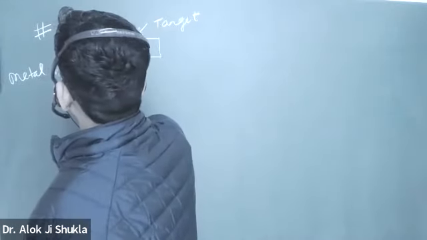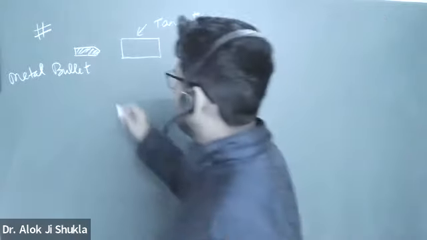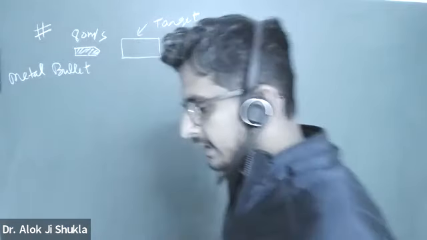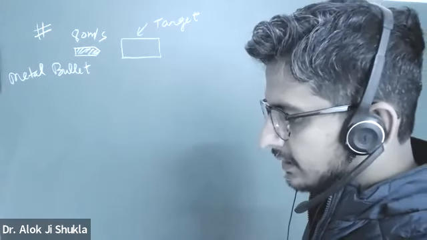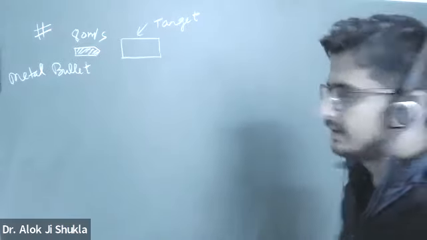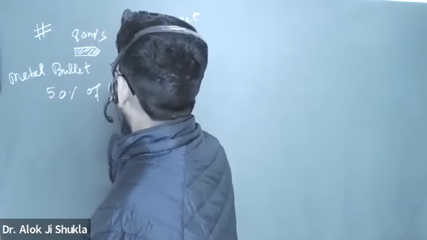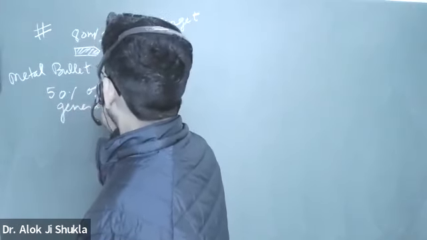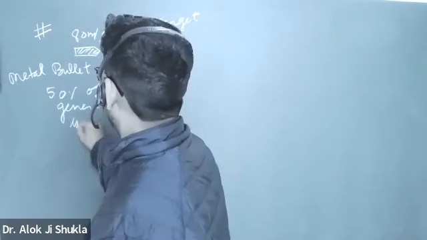The metal bullet hits the target and it is moving with a speed of 80 meter per second. It hits the target and 50% of the heat that is generated remains in the bullet.